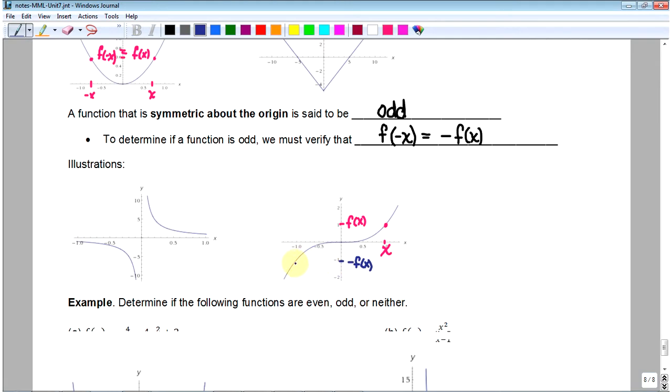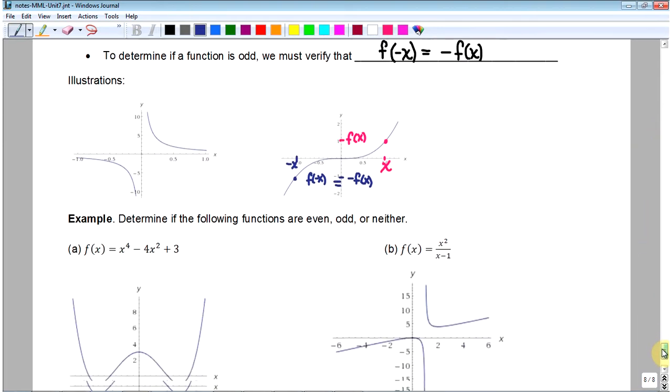That value is going to be the same as the function value if I substitute negative x into the equation. So if you have a hard time grasping this concept visually, you're just going to be able to work this out using your equations. As long as you remember this rule, we'll be able to come up with our answer.